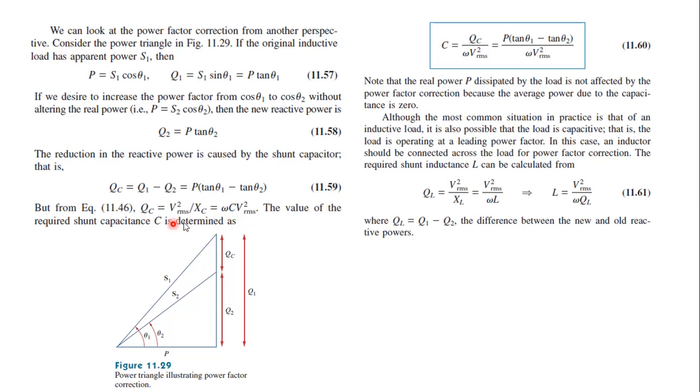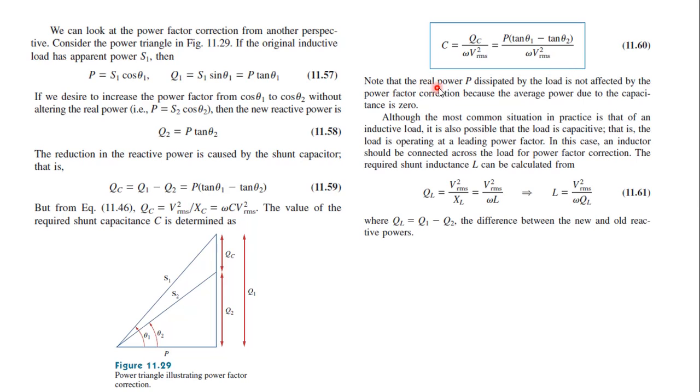So here QC can be written as omega C Vrms squared. From this we can determine the value of capacitance that has to be added in parallel, so that we can get a power factor closer to unity. So C is equal to QC by omega Vrms squared. QC can be written as P into tan theta 1 minus tan theta 2, so C is equal to P times tan theta 1 minus tan theta 2 by omega Vrms squared.